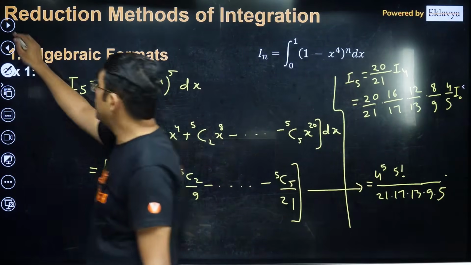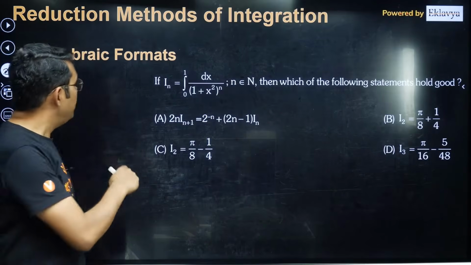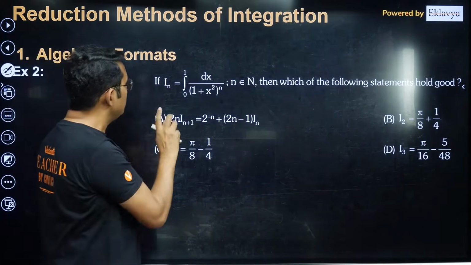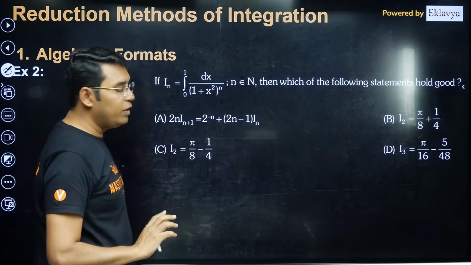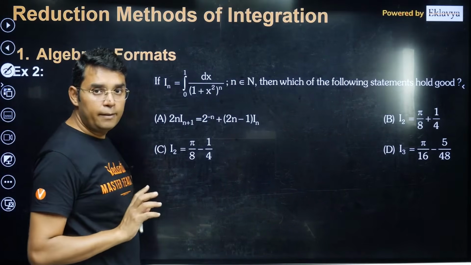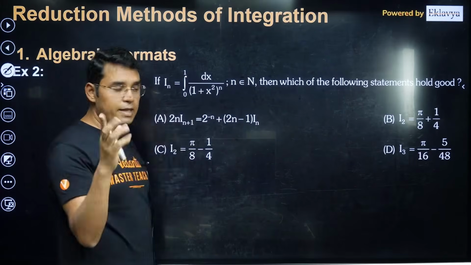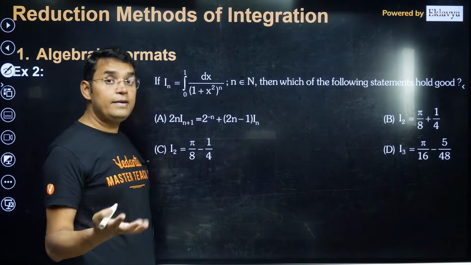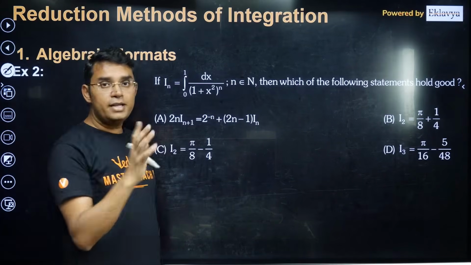Okay, now coming to one more example on this algebraic format only. Here we are given In is equal to integral from 0 to 1 of dx upon (1 plus x square) whole power n. Now, if n is 1, then I think it is very simple, tan inverse x. But even for n equal to 2, it is not that direct to do.